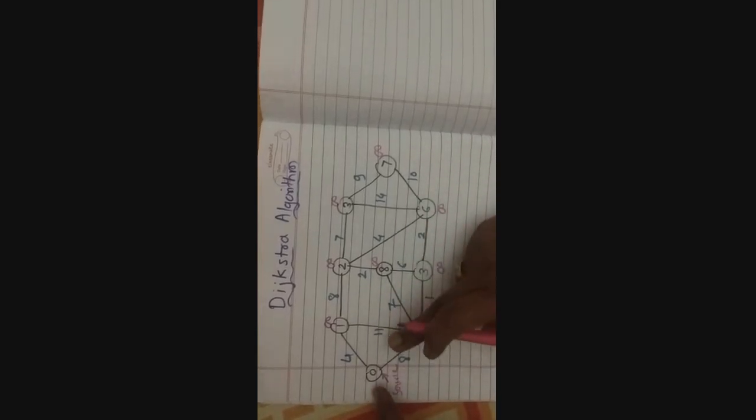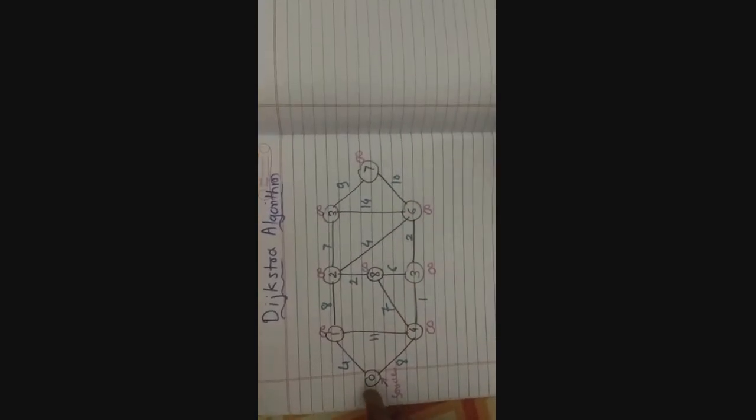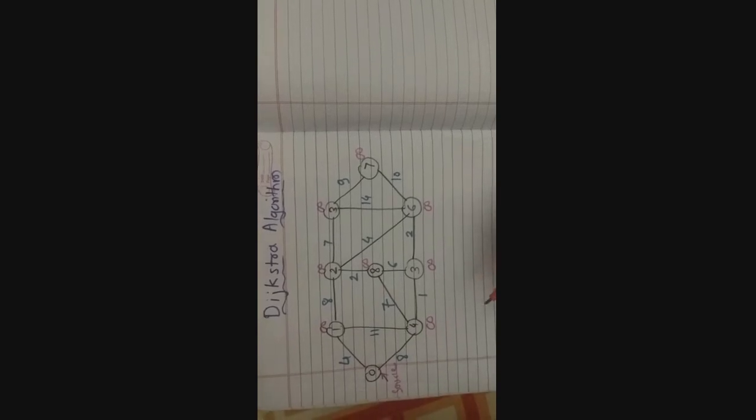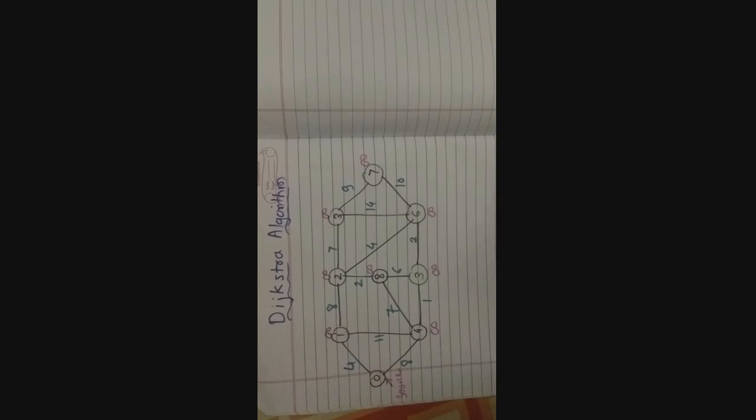From this source vertex, which vertices are directly connected? 1 and 4. To calculate the distances of these two vertices, let's see one formula: how we can calculate the distances of these directly connected vertices from the source vertex.